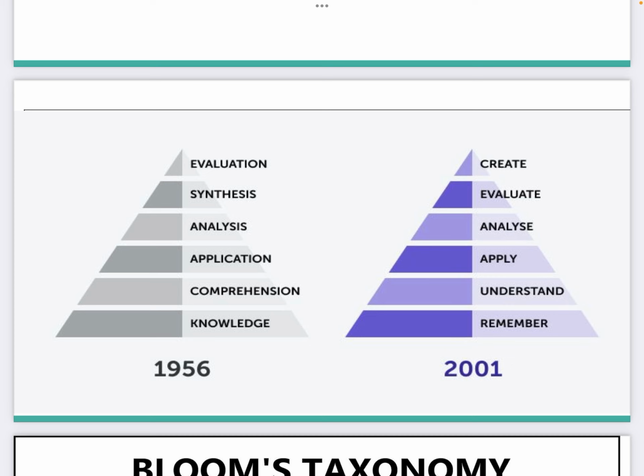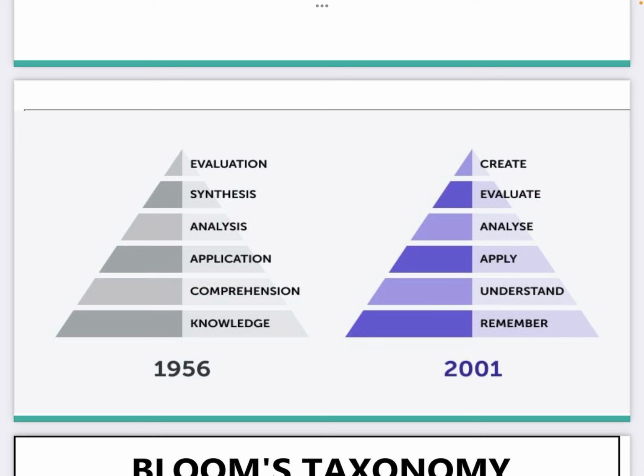But in 2001, all these noun forms were transformed into verbs: remember, understand, apply, analyze. And we know very well that in the 1956 pyramid, evaluation was at the pinnacle. But in 2001, the positions of evaluation and creation were swapped. So first we have to evaluate and then we have to create.